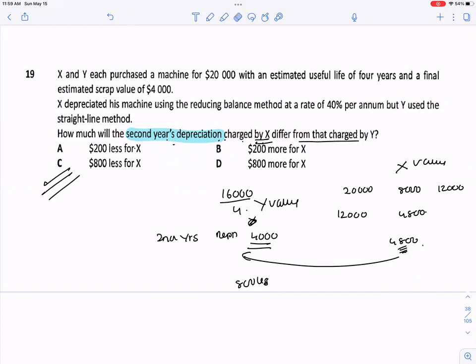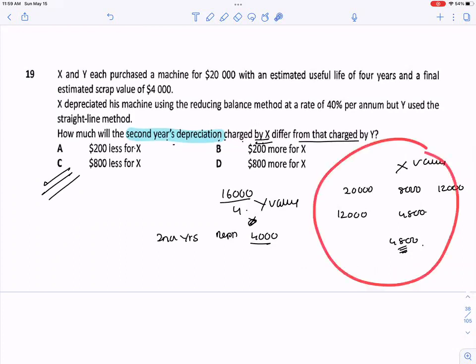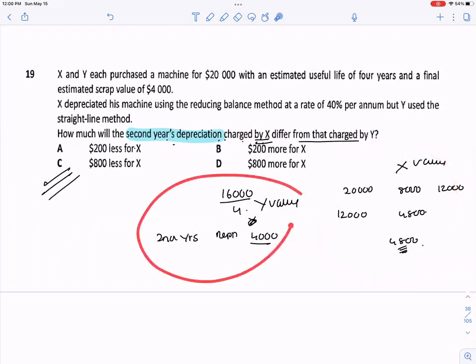I just swapped the names. X is charging on the reducing balance method and Y is charging on the straight line method. So X has charged 800 more. Okay? Are you all with me? Yeah, yeah.